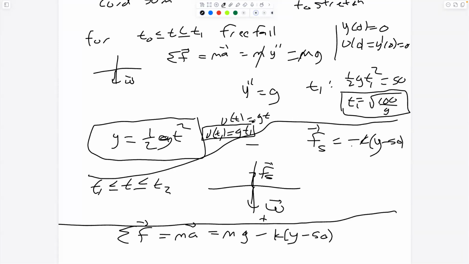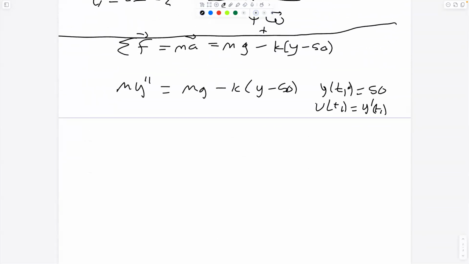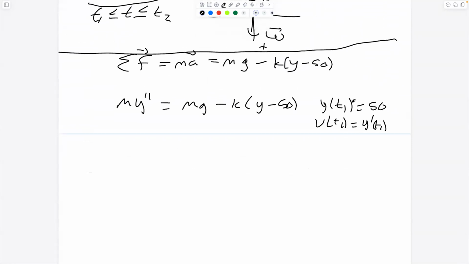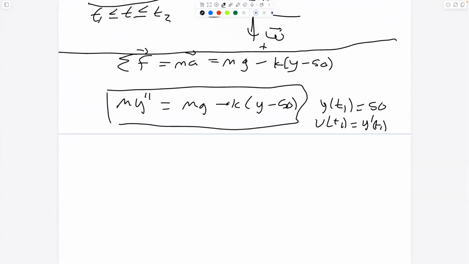Sorry, I know this is getting a little messy. Make sure this is right. Yeah, that looks okay. Okay, so we have t1, we have v at t1, we know y at t1, now we know v at t1. So this is our initial value problem we're trying to solve. This is a non-homogeneous second order dE with constant coefficients.